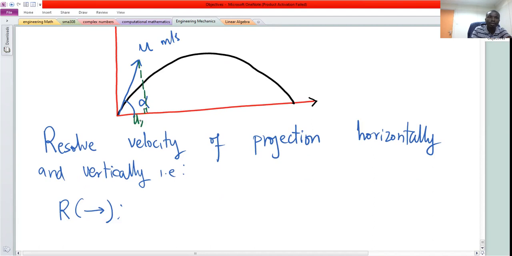Call this one ux, call this vertical one uy.